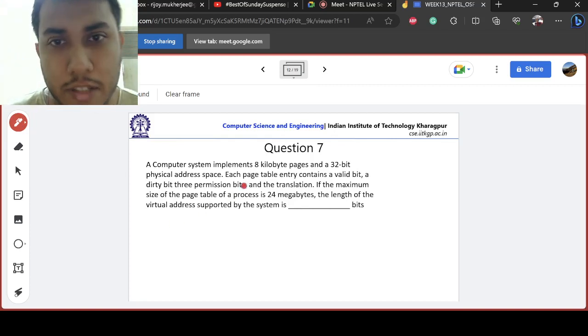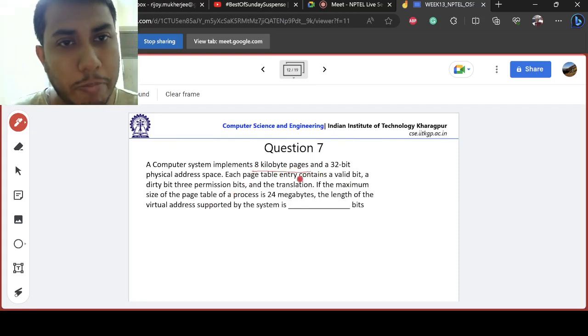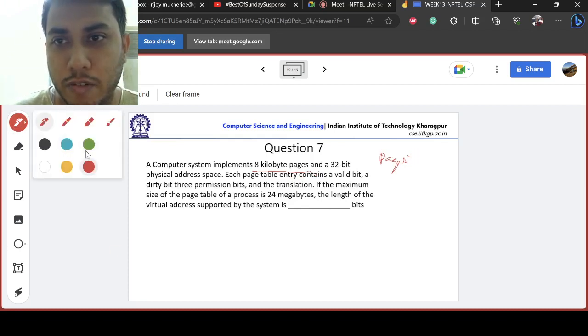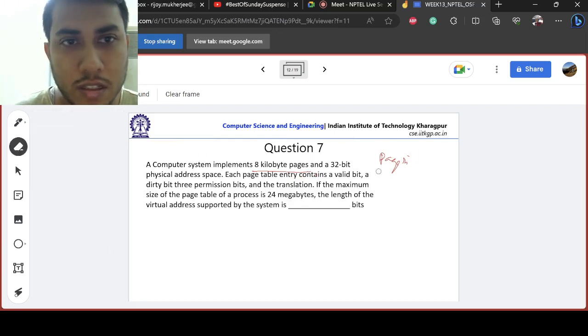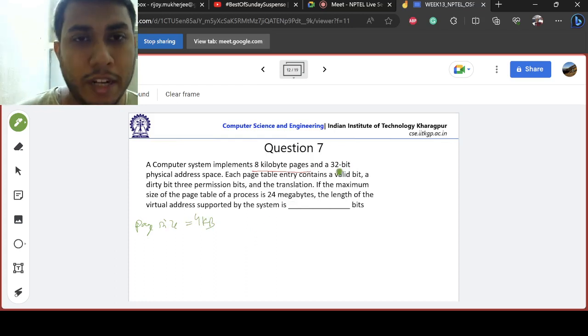So you have a computer system that implements 4 KB pages. So page size 4 KB, 32-bit physical address.